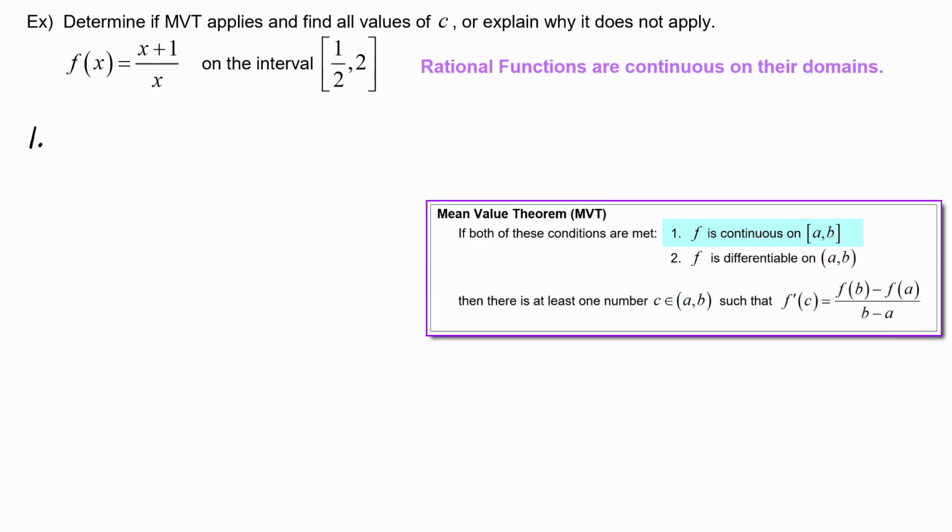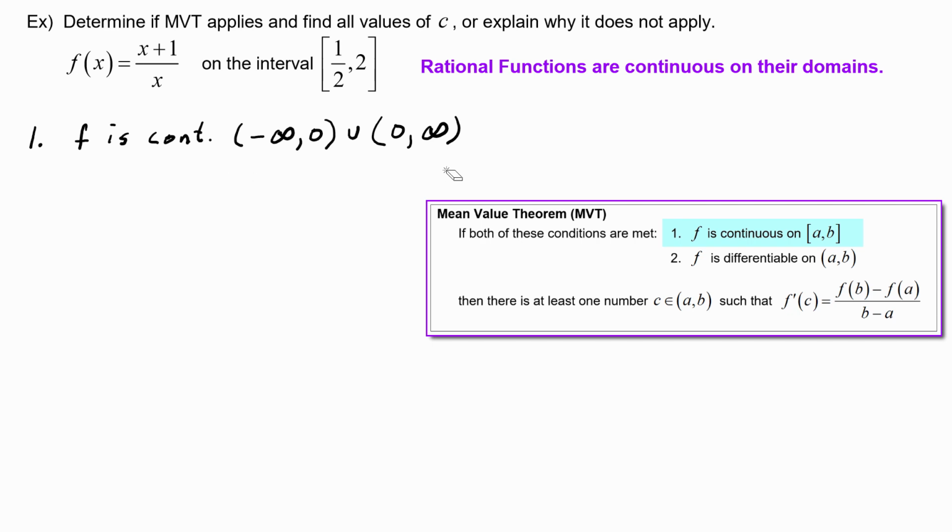Now we know that rational functions are continuous on their domains. So that means f is continuous from negative infinity to 0 union 0 to infinity, because the only place that this rational function won't be continuous is at x equals 0.